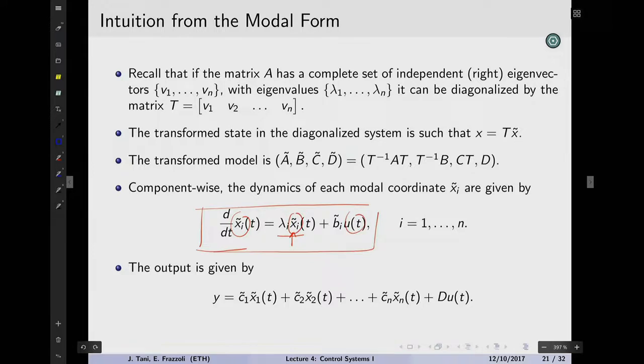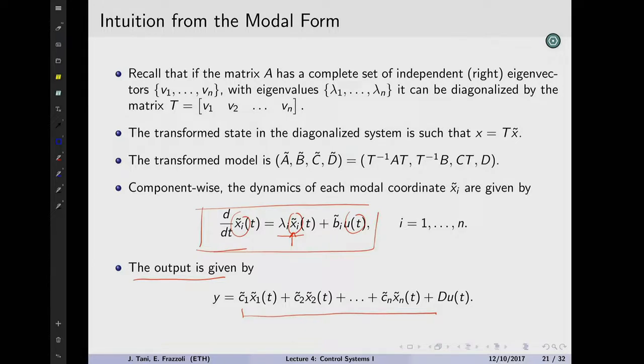So what matters here? There's no influence of other directions. It's decoupled from every xj where j is different from i. And if this is true, then the output, which is C x tilde, is just a linear combination of all the modal states, right?